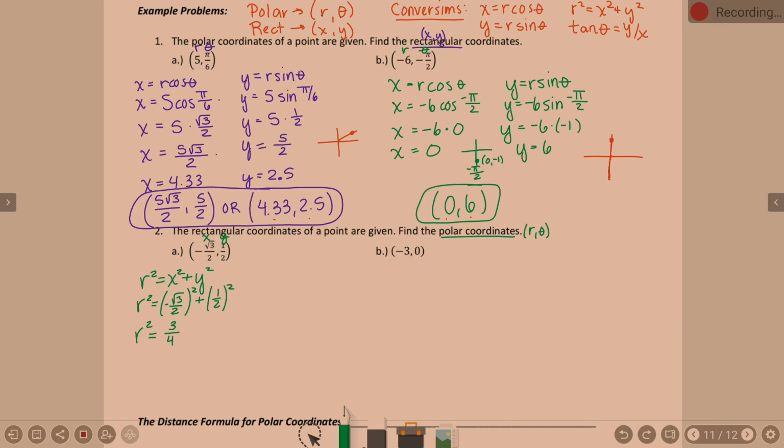What's a negative squared? Positive. So the first piece is 3/4? Yes? Okay, what about 1/2 squared? 1 squared over 2 squared is going to be 1 over 4. And what is 3/4 plus a fourth? 4/4, which is 1.